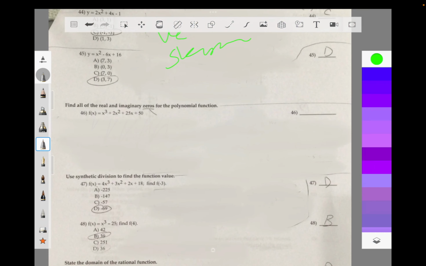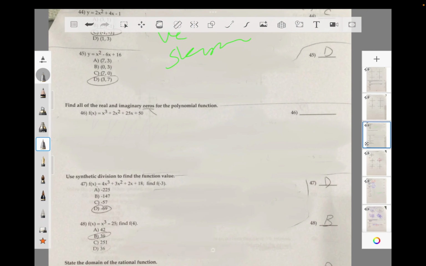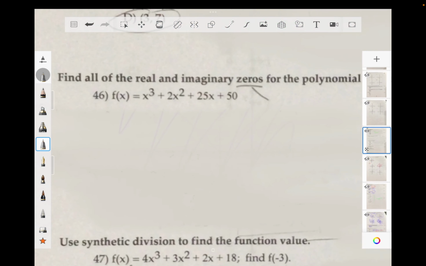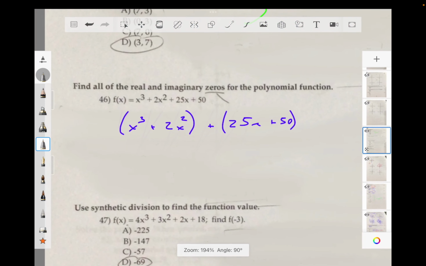Find all real and imaginary zeros for the polynomial function. This one. Oh, there's still so much. This one I think you could separate by x cubed plus 2x squared plus 25x plus 50. This is still the same function.